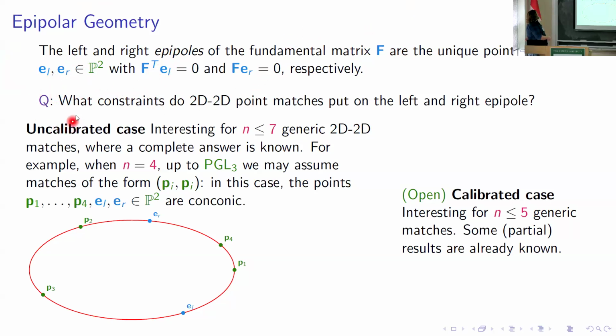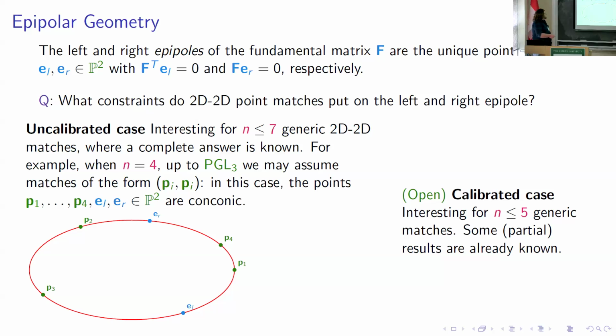So here's a nice question about epipoles: what can we say about the constraints that a bunch of 2D point matches, so a 2-view reconstruction scenario, put on the left and right epipole of a fundamental matrix?